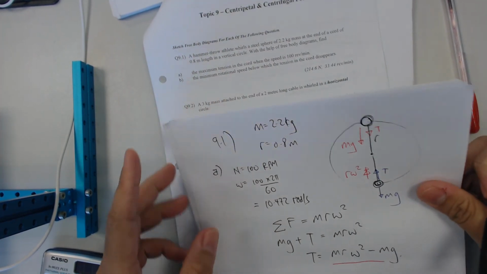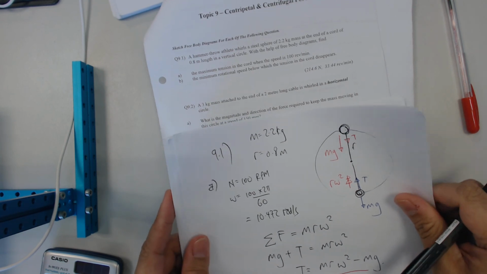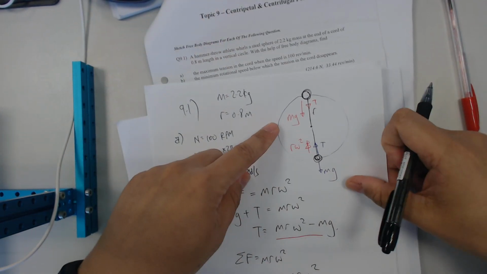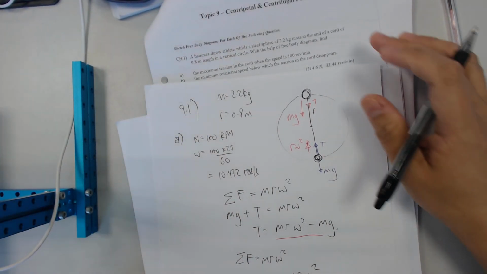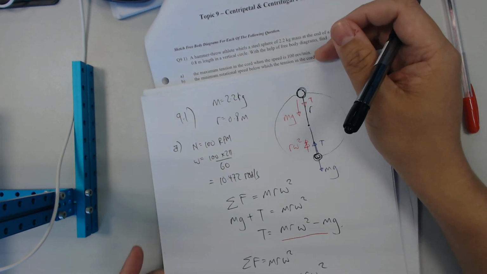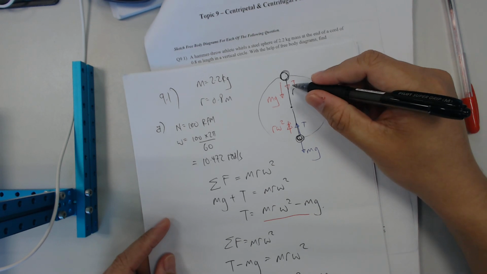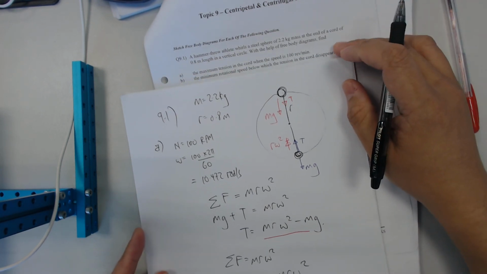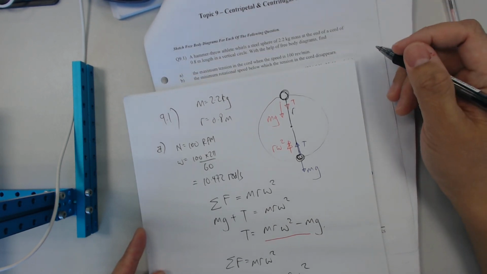Now the minimum rotational speed at which the tension in the cord disappears. If we look at this scenario again, between the top and the bottom, which position will likely have zero tension?